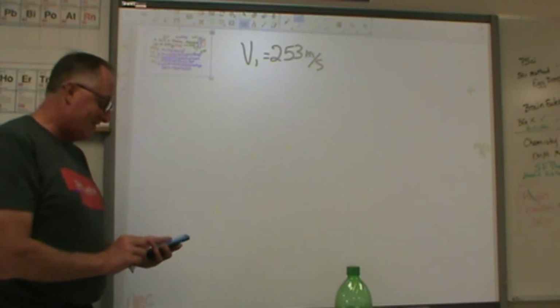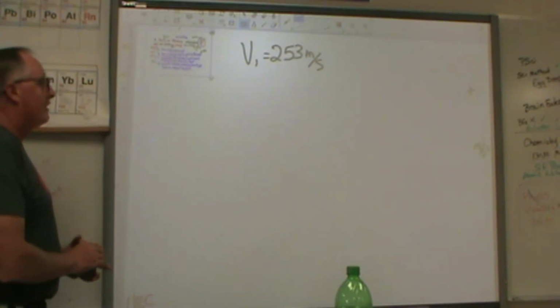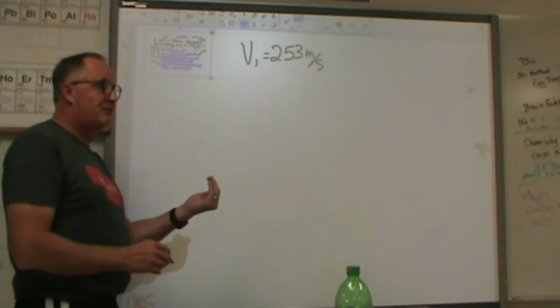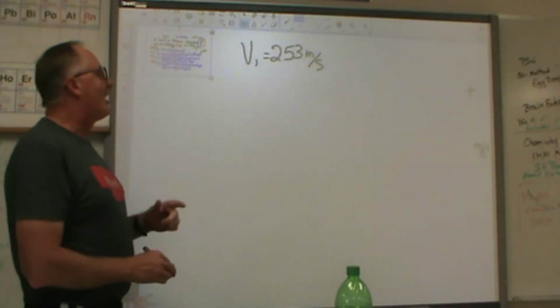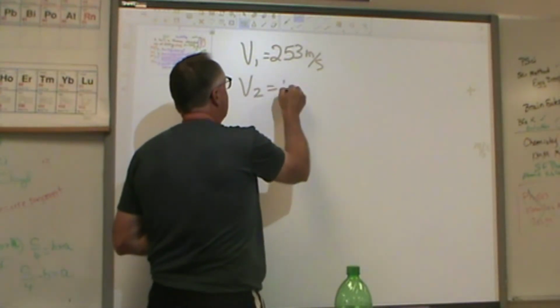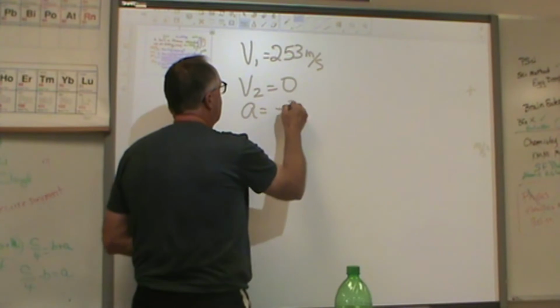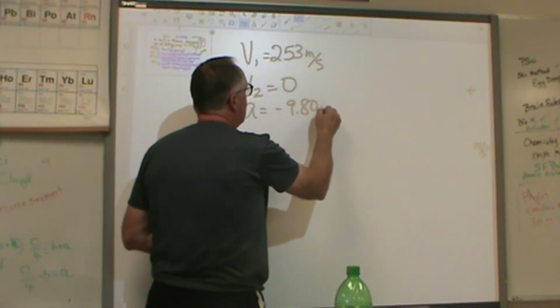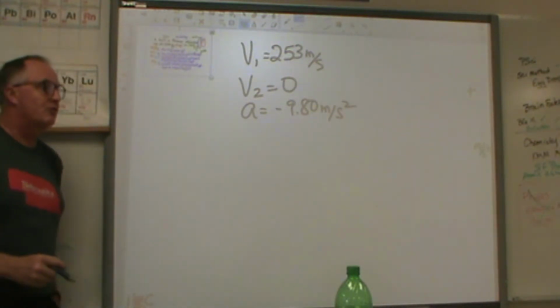That's almost 550 miles an hour. If something gets shot at 550 miles an hour up, it'll probably go more than 12 meters. Okay, so we know V1 is that, V2 equals 0, and we know that a equals negative 9.80 meters per second squared. Which formula did you choose to use?